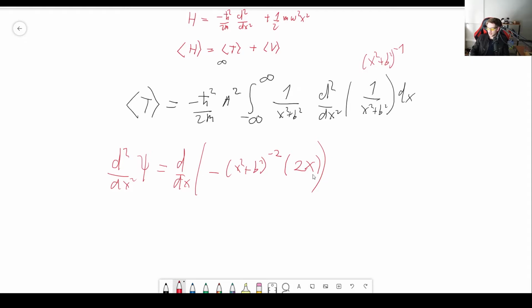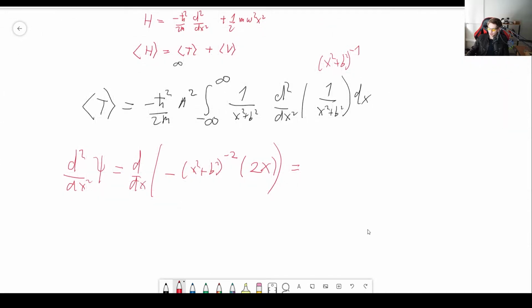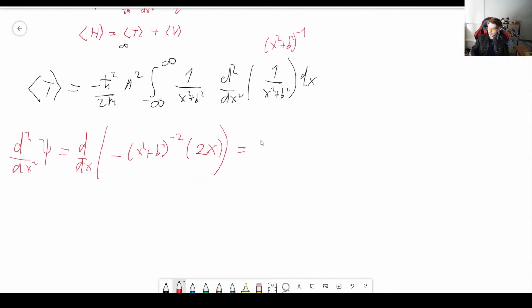Now let's differentiate again. So now we have the product rule. So maybe let's take the minus sign out, and then we differentiate everything else. So this thing right here would give us minus 2 times x squared plus b squared to the minus 3.